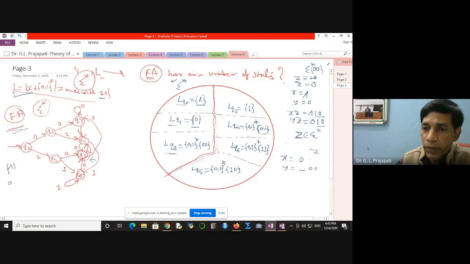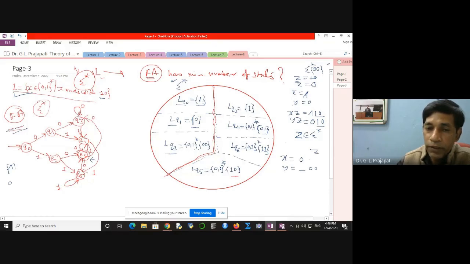Because this ends in 1 and this also ends in 1. Any z that ends in 11, then both will not be in the language. Any z that ends in 10, then both are in the language. If you take z as 0, then 10 here and 10 here, both are in the language.